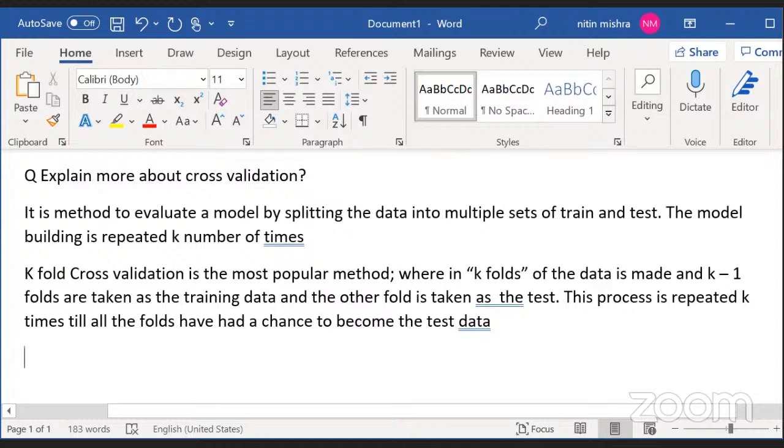So that is one thing that you can mention there about the K-fold cross validation.